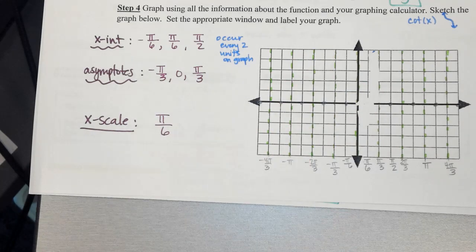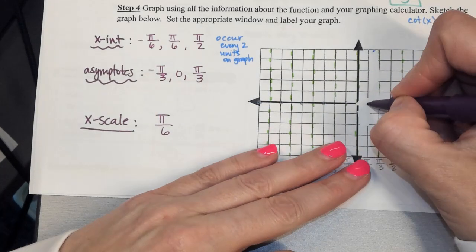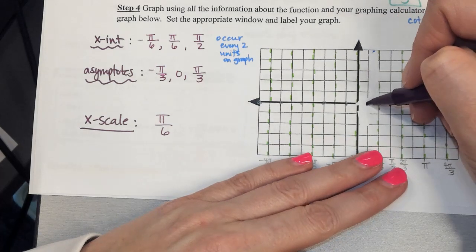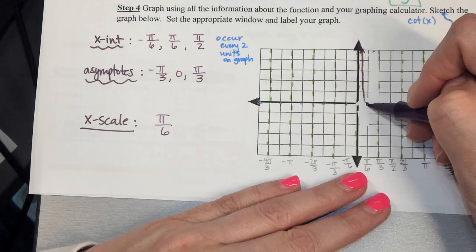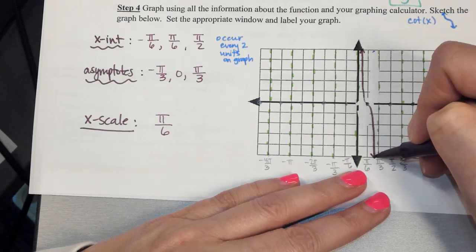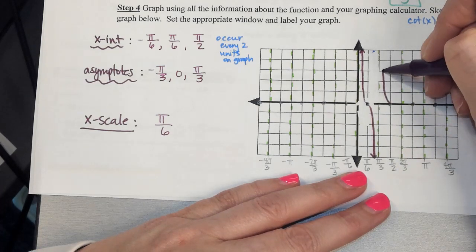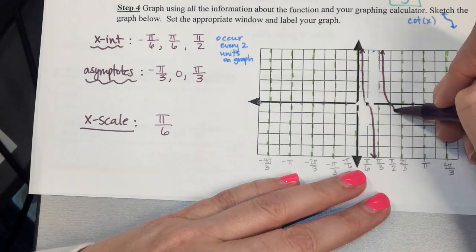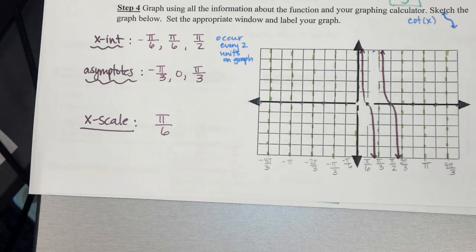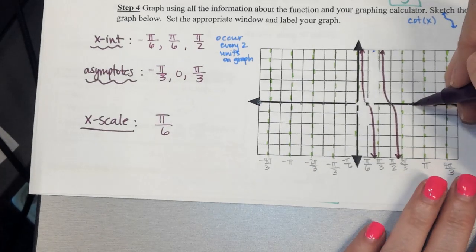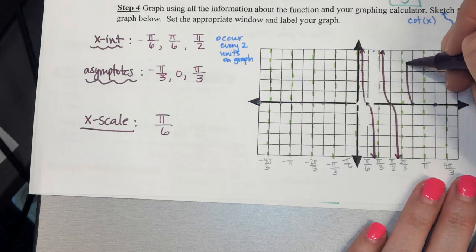Okay, so when you do cotangent, let me make my little mark. Okay, so we're going to curve up, and then we're going to curve this one down. We're going to curve this one up. We're going to curve this one down. And I know when you have this many cycles, it is easy to get a little sloppy, but we are not going to do that.